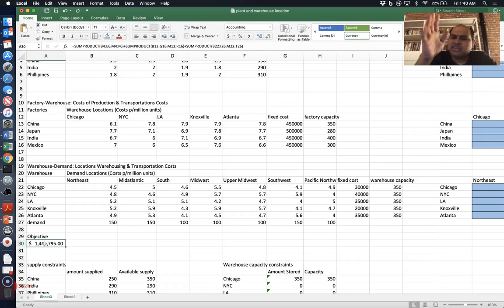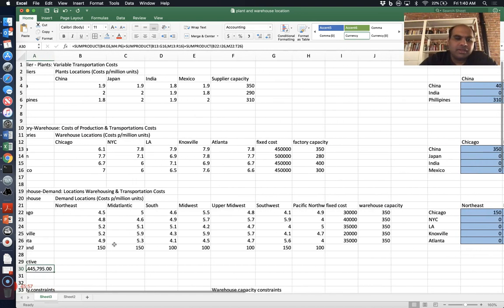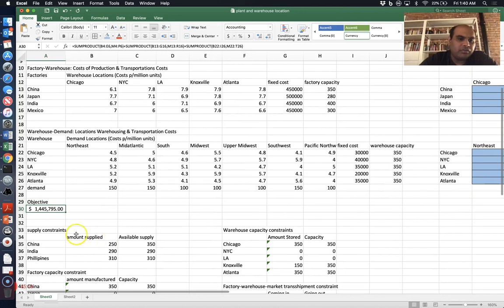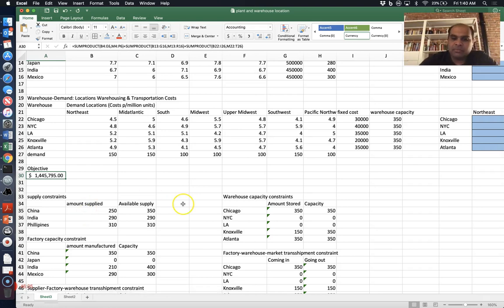With Mac, it is more like 95-96% of the time. You'll get the right answer, but once in a while you'll end up with the wrong answer because of the way the solver has been written for the Mac. So just keep that in mind. If you get a slightly different answer, that's okay. As long as you've written all the constraints and everything correctly, I will still give you credit for it, but it has to be close. If it's far, then I'm not going to consider that.